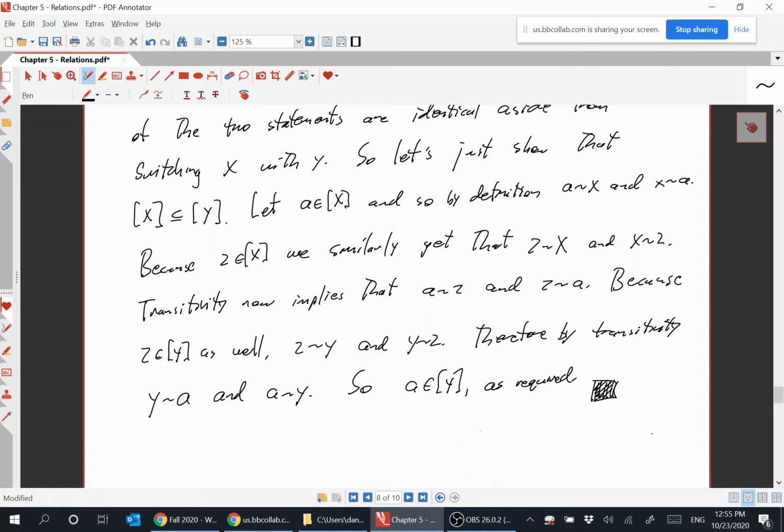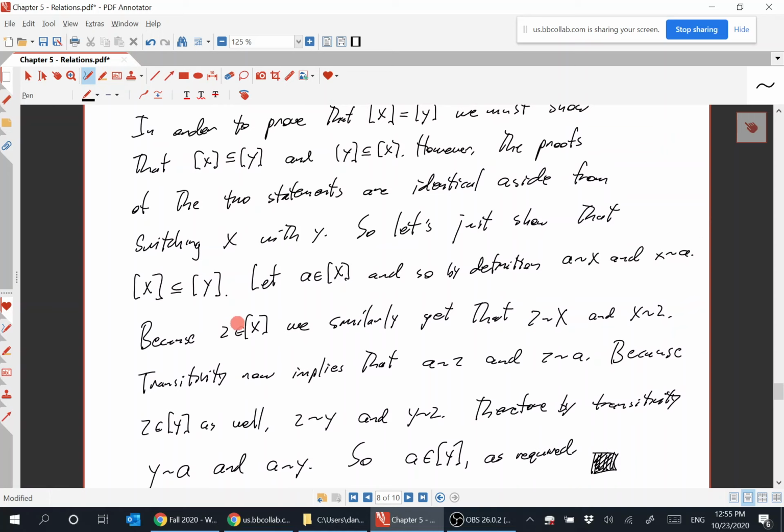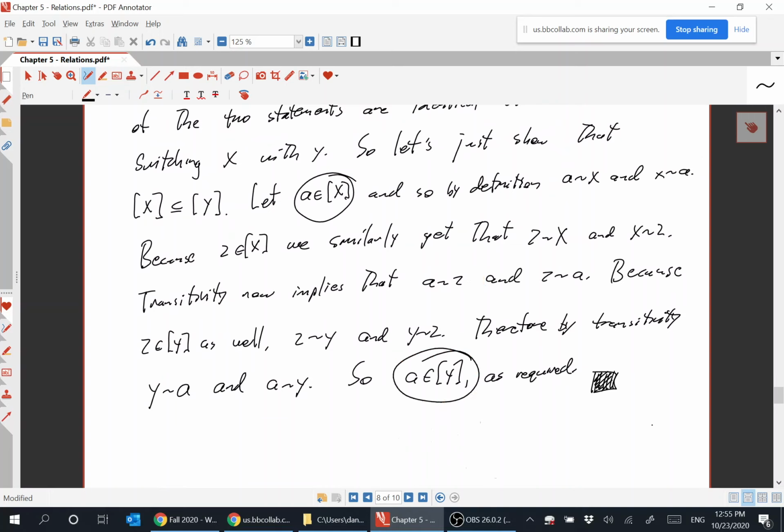The goal was to show that bracket X is a subset of bracket Y. So we pick A in bracket X, and we just show that A is in bracket Y. For every element in bracket X, that element is in bracket Y. So bracket X is a subset of bracket Y, and the proof that bracket Y is a subset of bracket X is exactly the same, except you swap out X's for Y's.